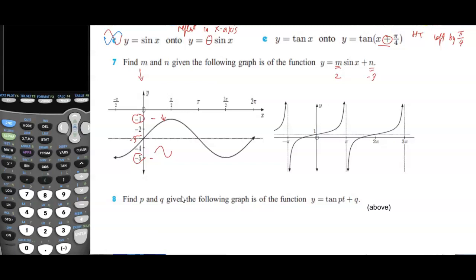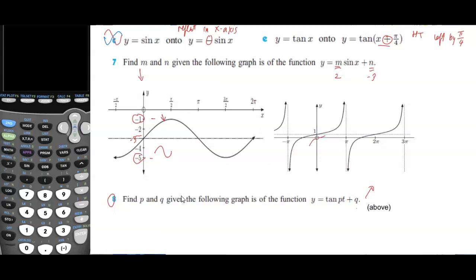Okay. Now let's look at number 8. Find p and q given the following graph. This graph here is of the function y equals tangent of pt plus q. Okay, so you can see that compared to the parent function, which is centered here at the origin, it's moved up by 1 unit, right?